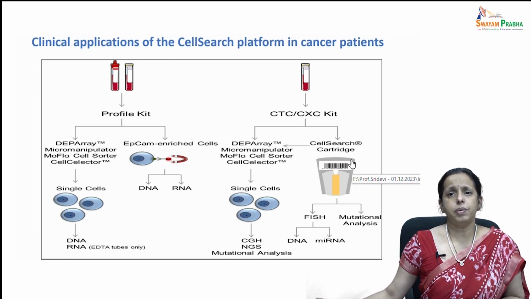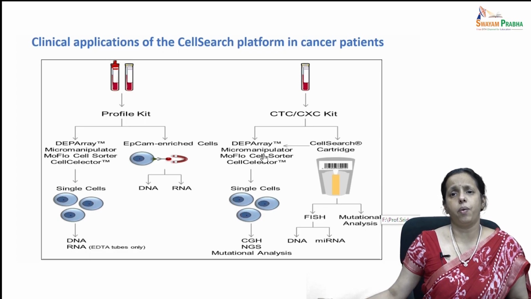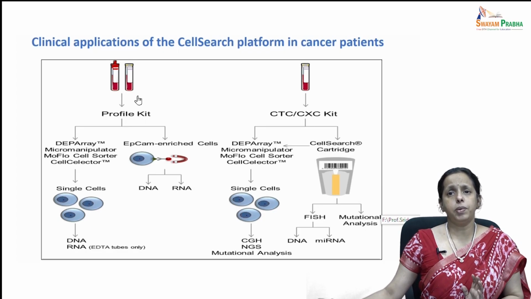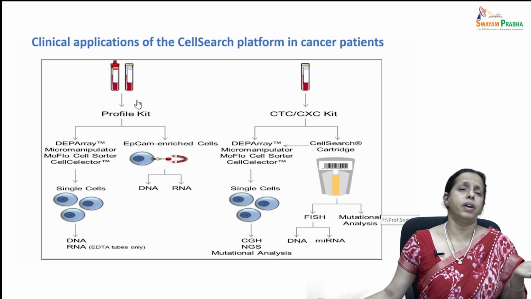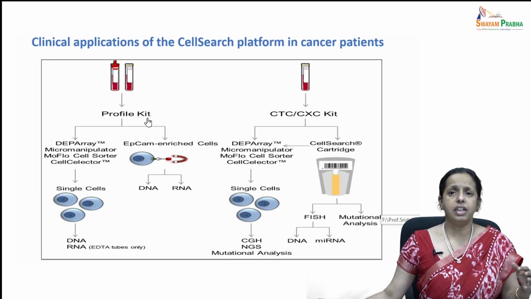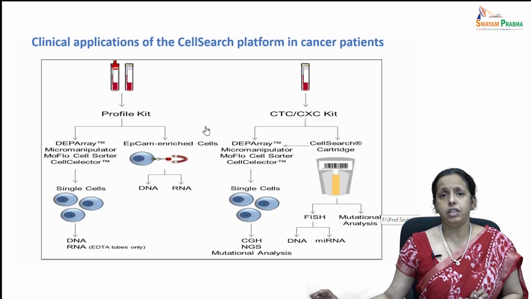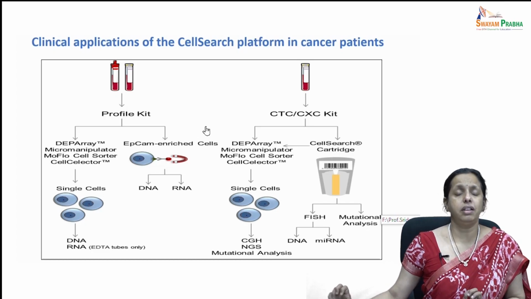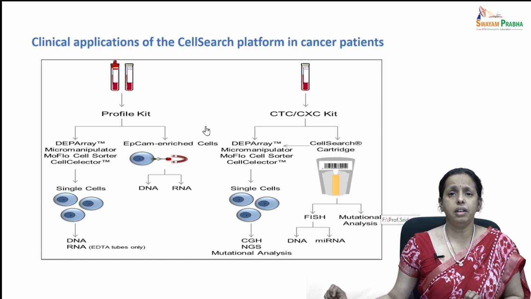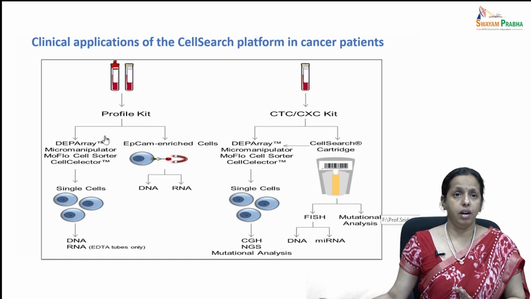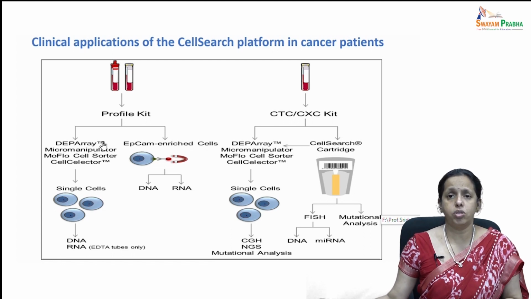Basically this CS system provides an opportunity to apply an assortment of accompanying tests and techniques for further characterization and classification of your CTCs. It usually co-enriches other leukocytes. However, many of these tests have been identified in larger populations also.